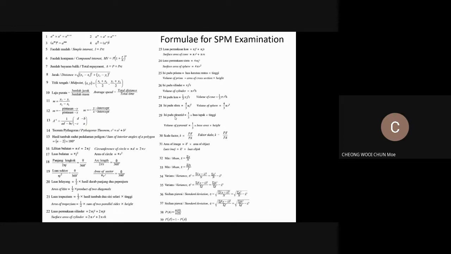These formulas will come out in SPM, so it is not required for you to memorize. But some of it you actually already learn through time, and if you can remember, it's even better, easier for you to calculate.